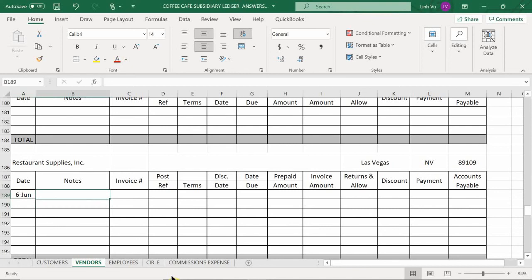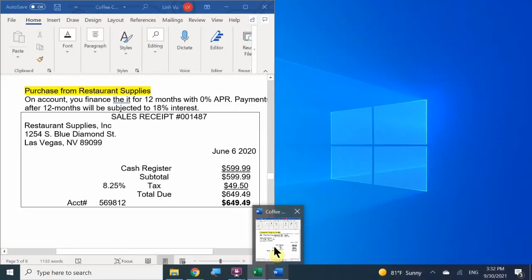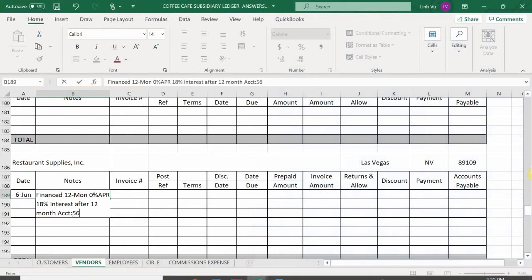Well, you can enter that you financed this for 12 months, 0% APR, and of course, you're going to get charged 18% interest after 12 months. And of course, you can add your account number. My account number is 569812.